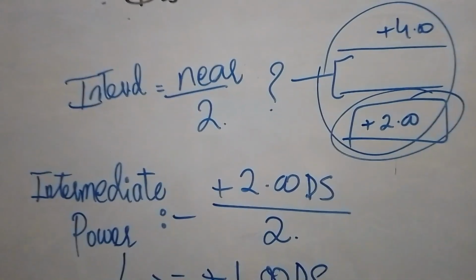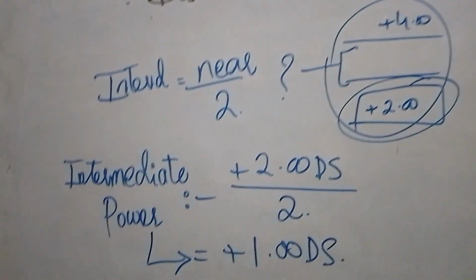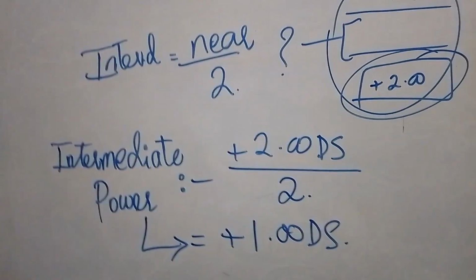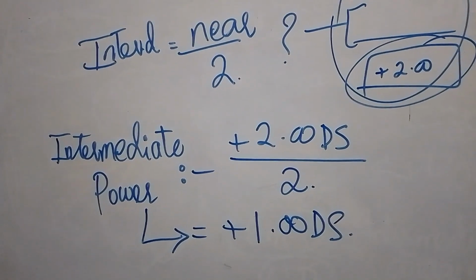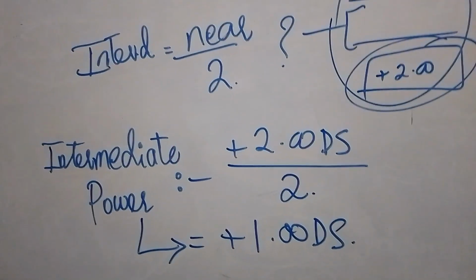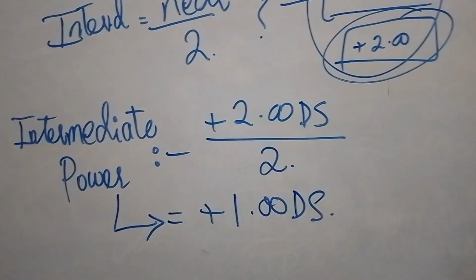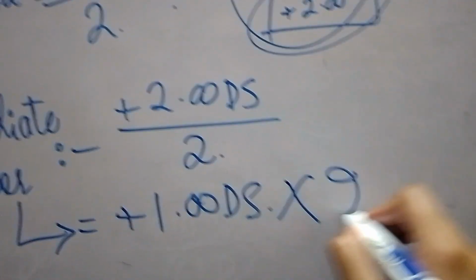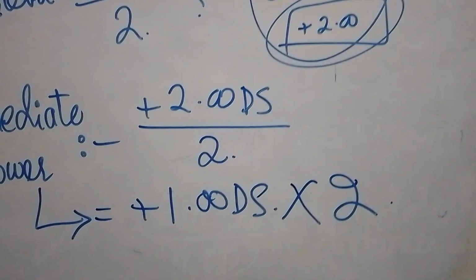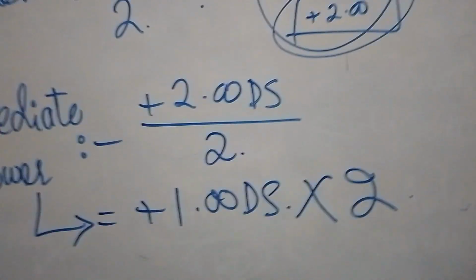So the thing that needs to be considered is that if you want to find the power of the intermediate distance, you are just going to take half of the near power. And if you have the intermediate power, which is very rare, how can you find the near power? You are just going to multiply it by 2, so you're going to take twice the intermediate power.